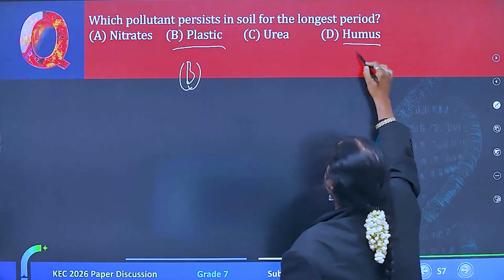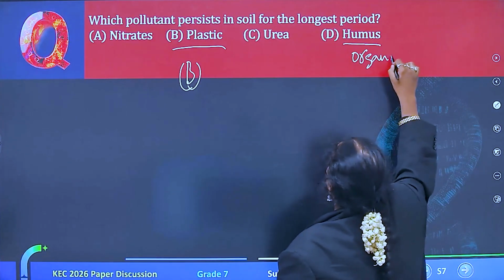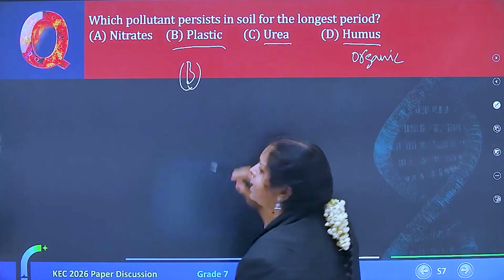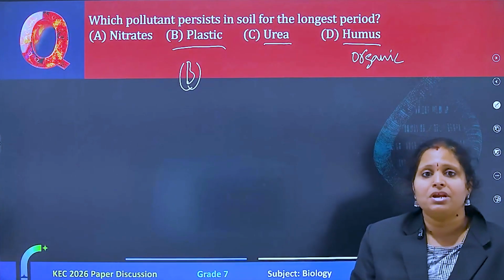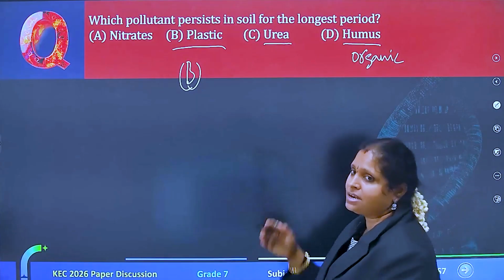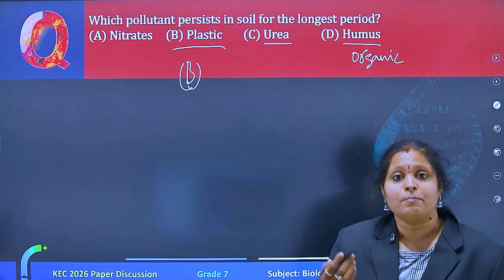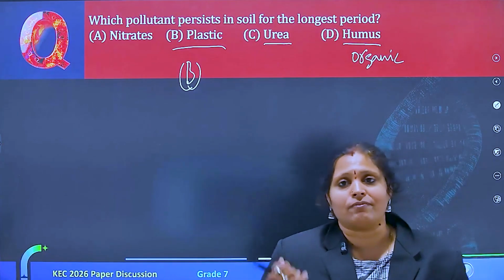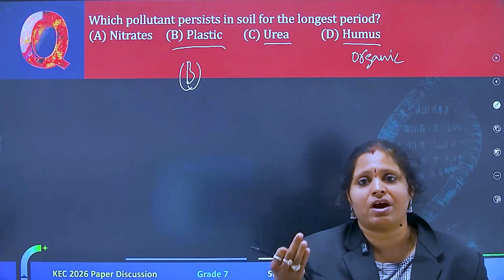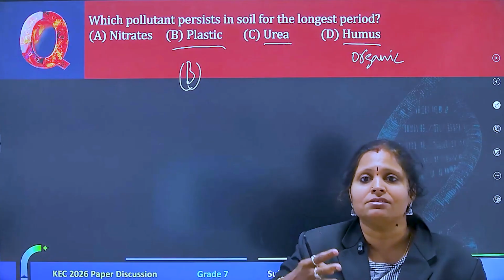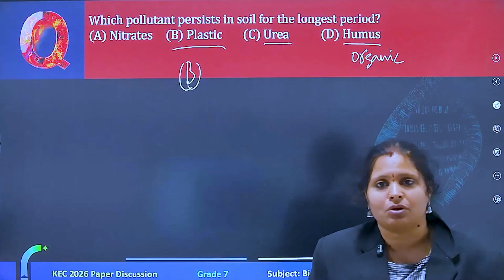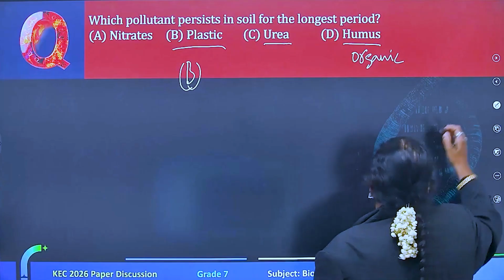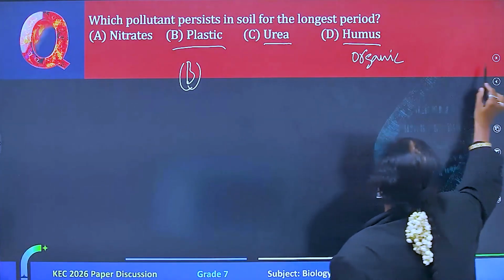Humus is organic matter which mixes with the soil. Urea acts as a nutrient for plant growth, and nitrates also. Nitrates are the major nutrients required for normal growth of the plant. Leaves, stems, flowers, fruits all come through nitrates, so it is a critical nutrient. So the option will be B here.